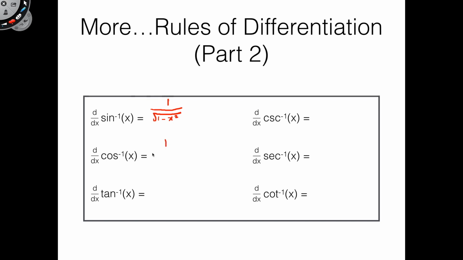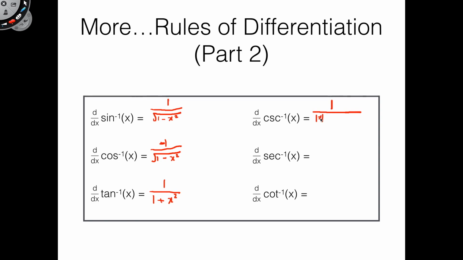Of inverse cosine, we're going to have the same thing, except it's going to be negative. Tangent, we're going to have 1 over 1 plus x squared, but it's really the same thing. For cosecant, this one is the hardest to remember, honestly, just because it's so intimidating.